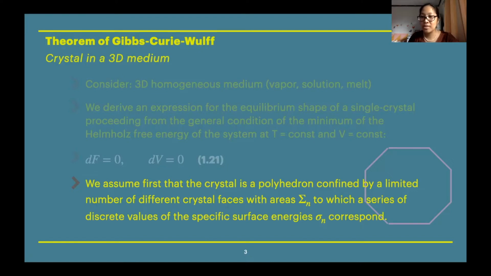We're looking at one side of it. And what is a polyhedron? It is comprised of faces, edges, and vertices. So the crystal has faces with area sigma sub n, and corresponding to these areas are specific surface energies, the small sigma sub n.